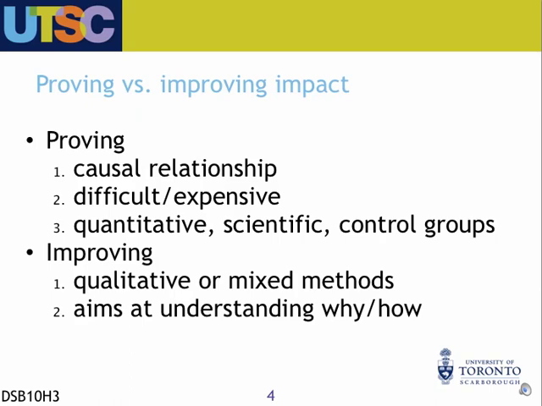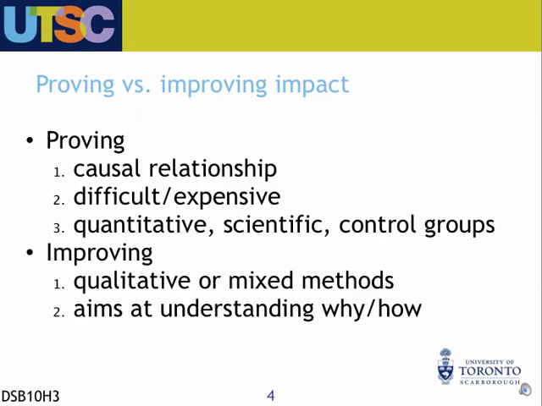Now, when we're looking at improving impact, we want to understand not just what happened, but why did it happen? How did it happen? In order for us to be able to see, well, what are the obstacles? How can we make this work even better? So you'll often still use some statistics, some surveys, for example, but you'll usually also have some qualitative methods, which might mean focus groups, it might mean interviews, it might mean observation.